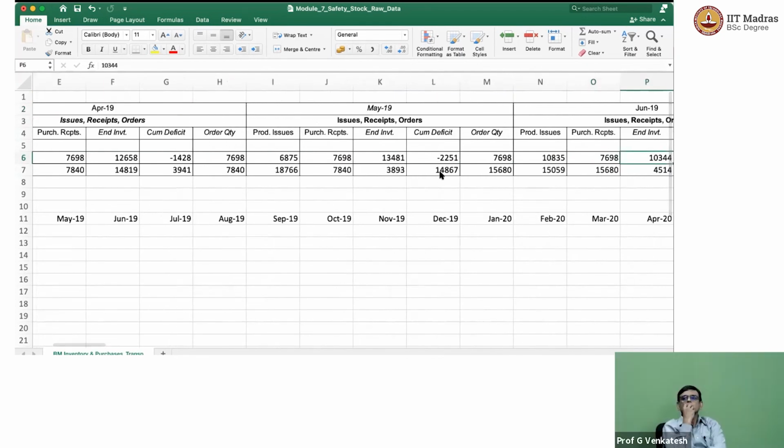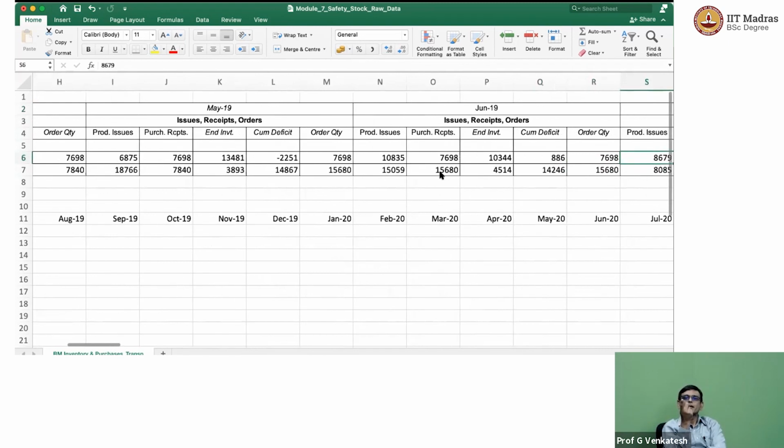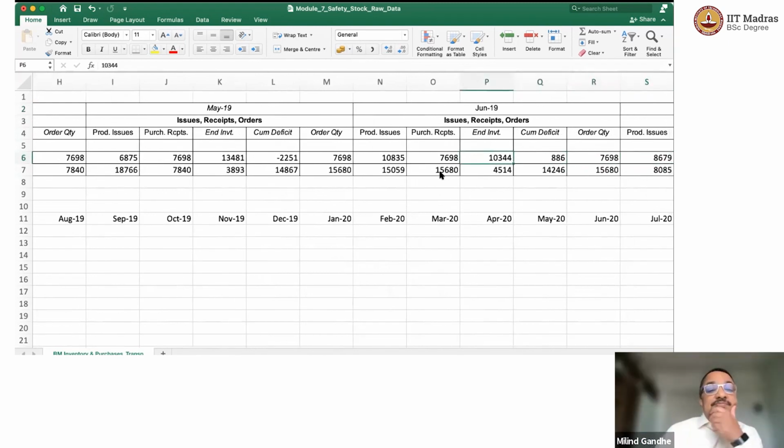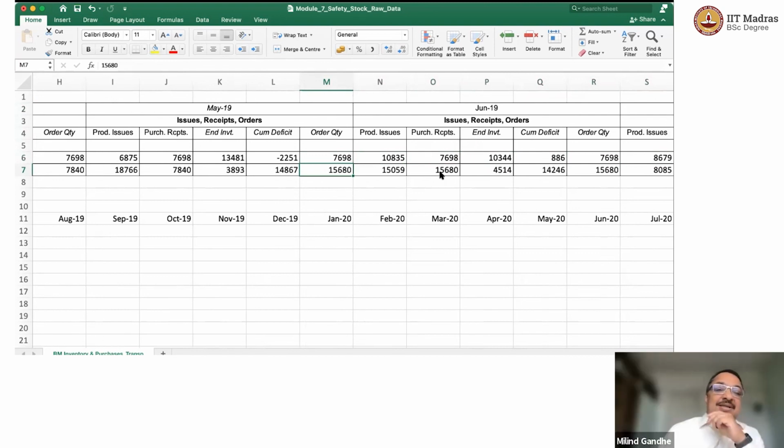I just noticed that in May, he ordered 7698 of blank 001, but he actually ordered 15,680 of blank 11. So he ordered 2 times 7840, what he ordered the previous month. See, he has given us this data, GV, at a monthly interval.